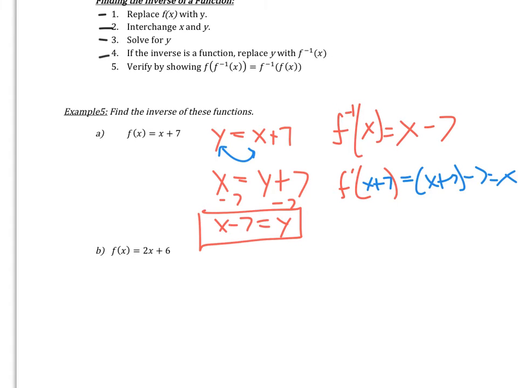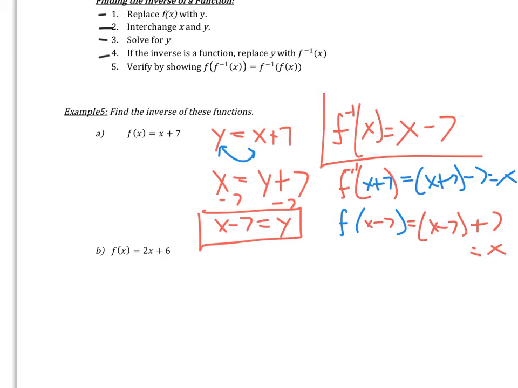And then if we substitute this the other way, so we take f and we put f negative 1 in there, which is x minus 7, then we end up with x minus 7 plus 7, and that just simplifies to x. So they are inverses, okay? So the inverse of f is x minus 7, right?